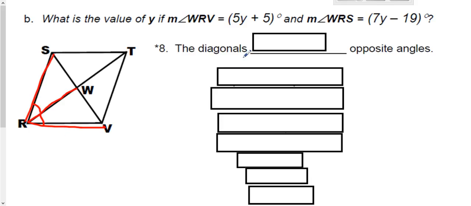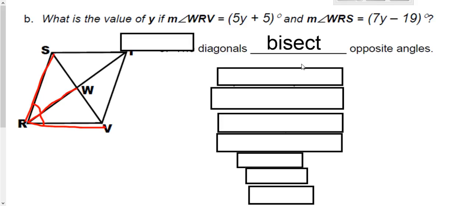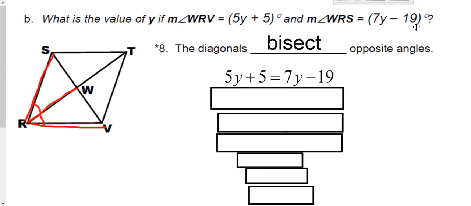So property number 8 reminds you that the diagonals bisect opposite angles. So we saw that picture. These two pieces are equal because this diagonal is cutting it in two equal pieces. Bisect, cut it in halves. Okay, so we set 5y plus 5 equal to 7y minus 19.